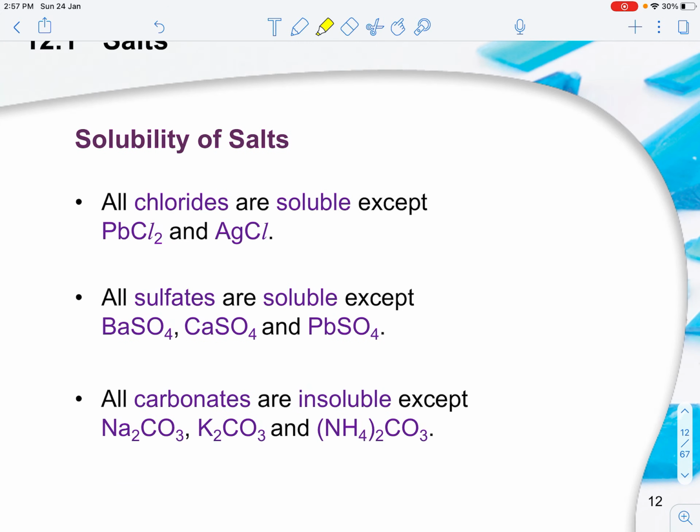However, there are a few exceptions. For example, all chlorides are soluble except these two. What are these two? This is your lead chloride, you can say lead 2 chloride, and also silver chloride.